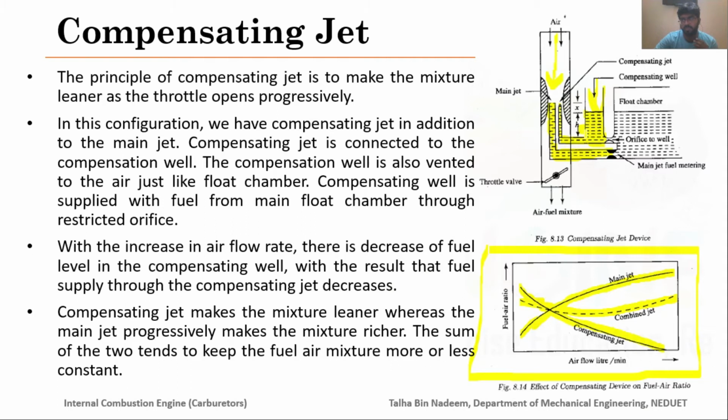I have also mentioned that when the air starts coming, the major portion of the fuel would be coming from the compensating jet, but as the flow progresses, the contribution from the main jet for the supply of fuel would increase, whereas the contribution from the compensating jet would decrease. So the compensating jet makes the mixture leaner, whereas the main jet progressively makes the mixture richer.